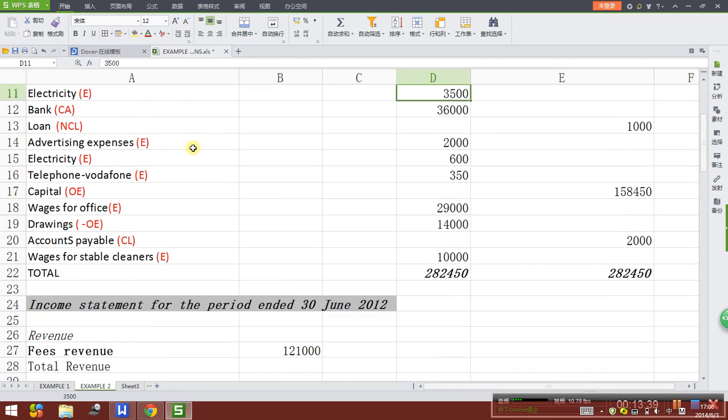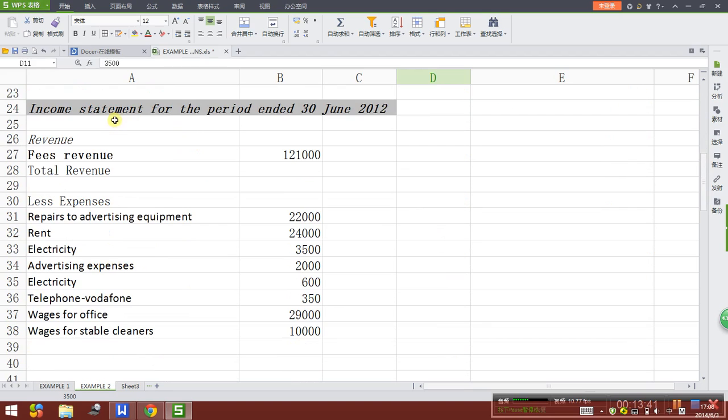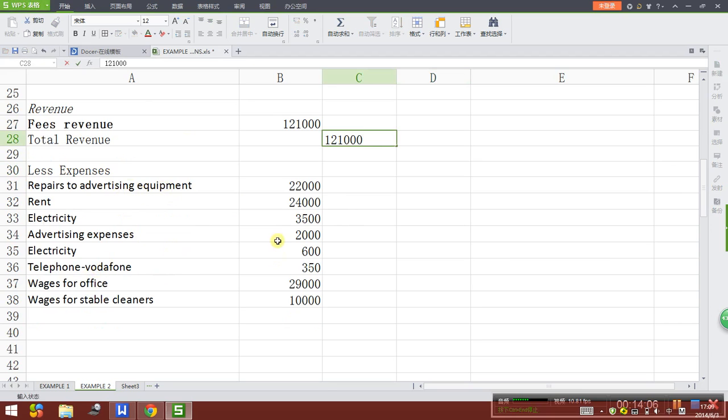So let's prepare the income statement. We already know the income statement is about the revenue and the expenses of the service business. So in the revenue account, the total revenue, the fees revenue, is 121,000. Total revenue up there, and the expense is total about there is 9.